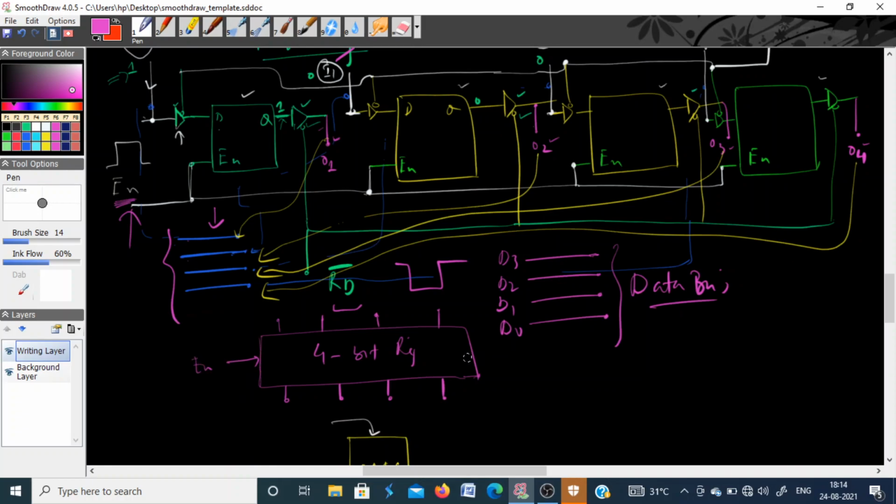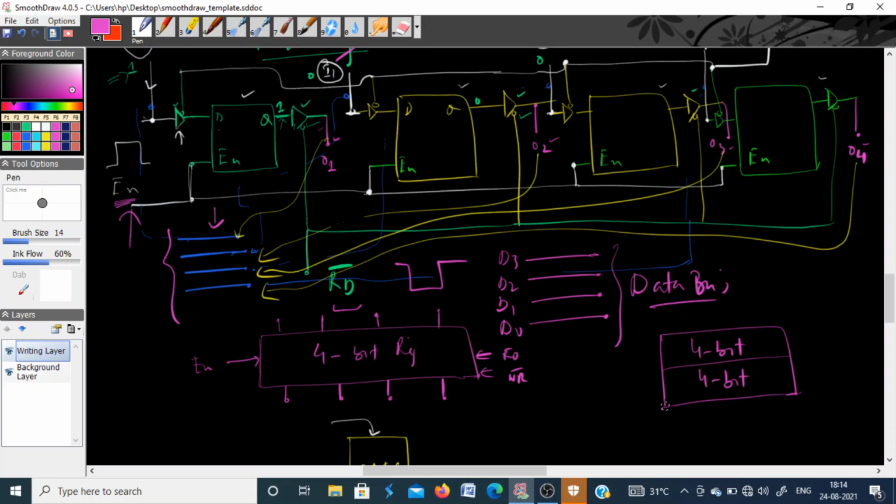Similarly you have read and write control signals. So what I am saying is that I have 2 registers, each of 4 bits. This is one 4-bit register, this is another 4-bit register.